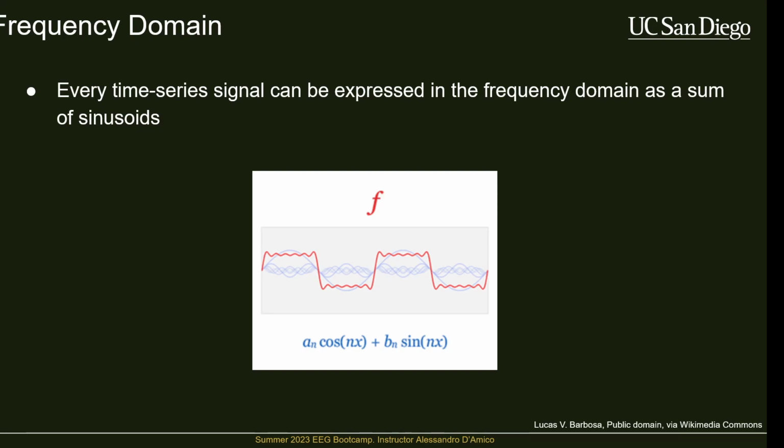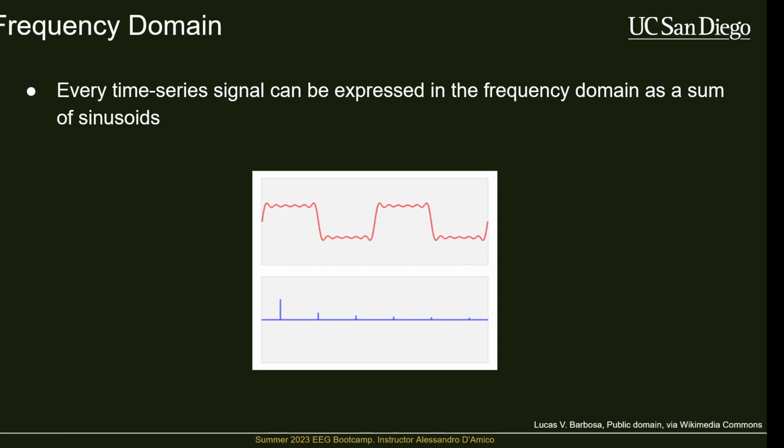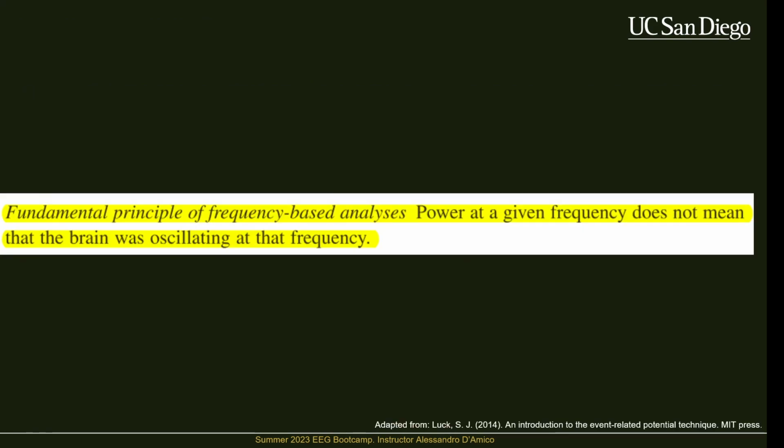So you can generate a signal that is comprised of very high frequency waves or very slow frequency waves, but it doesn't mean that that activity is actually generated by the brain. It just means that when you're representing this time domain signal in Fourier space, in the frequency domain, that is the power that you need to express that signal. It's a very subtle distinction, but it's very important.